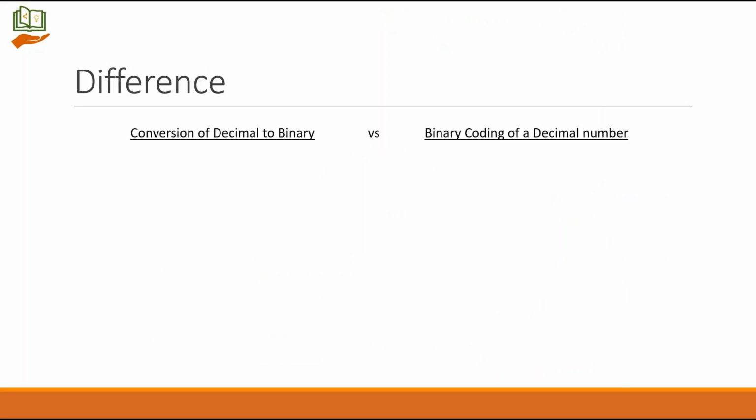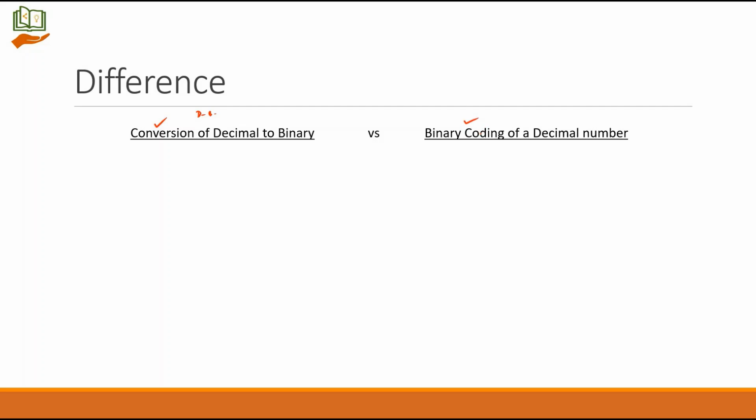Conversion of decimal to binary versus binary coding of a decimal number. You could have seen a video called conversions where we converted decimal to binary, octal, hexadecimal, then we converted binary to decimal, octal, hexadecimal and all. That conversions part is this part. Binary coding of a decimal number is what we are going to see in this video.